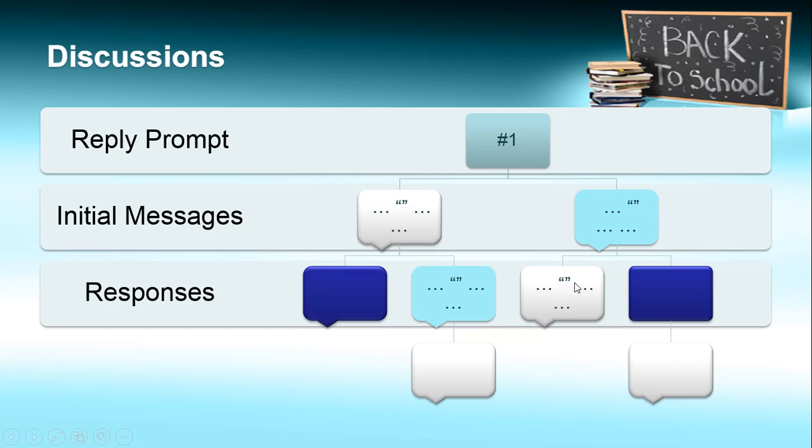Then when you reply to somebody else's initial message once, I'd like you to also reply by citing the author. You can say, hey, what you said is really compatible with the ideas of this author, and that's your citation.